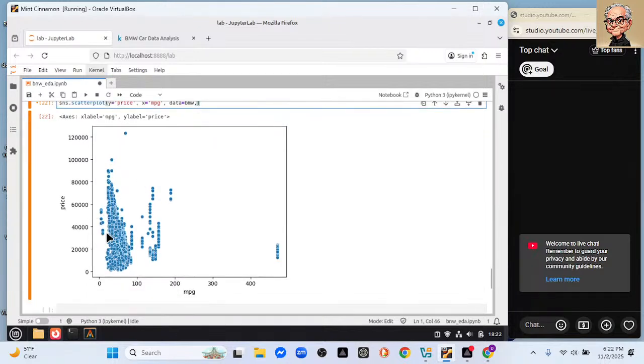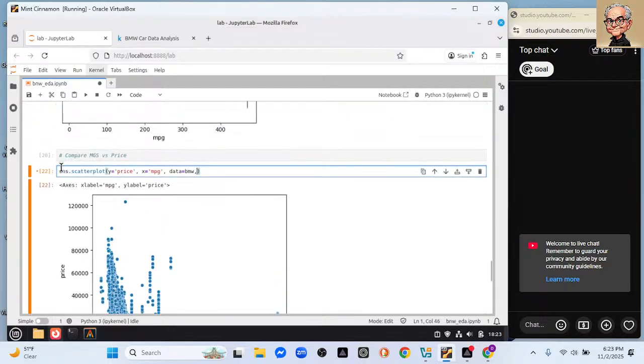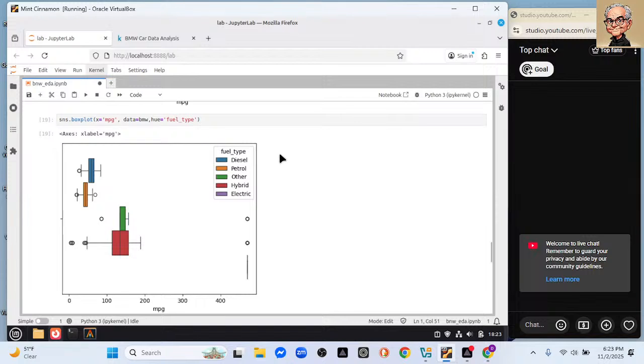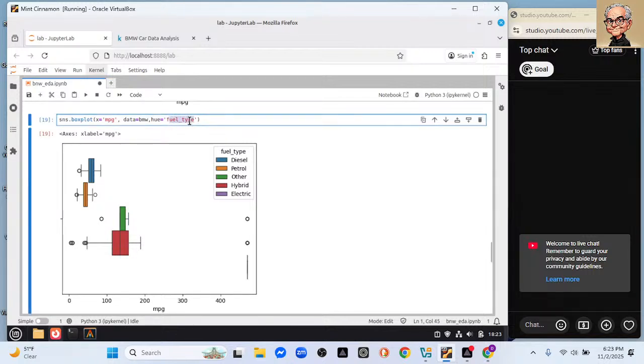So the price for most of the cars falls in this between 25 and 75 miles per gallon range. That's not really what we're interested in, is it? We want to know what influences the price the most. So I think what I'm going to do over here is, let's do this, HUE equals fuel type.